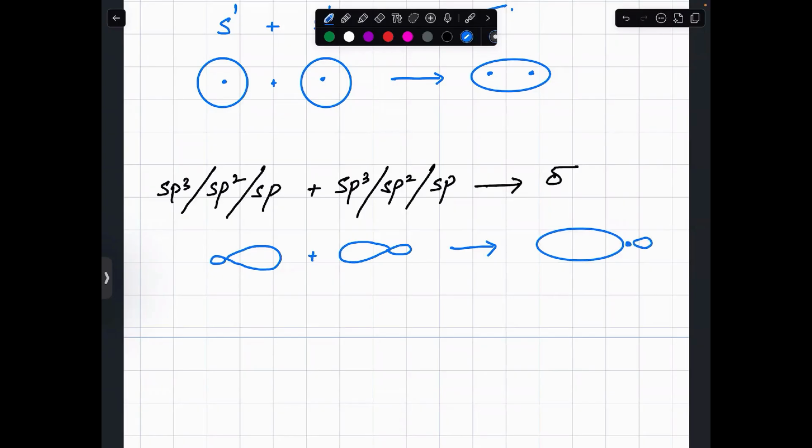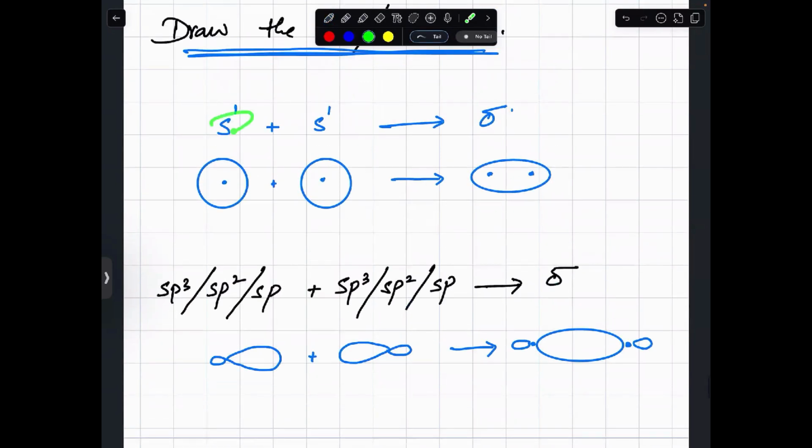When s overlaps with s, like in hydrogen, when they ask you to draw H2, this is s and you show it by this one.